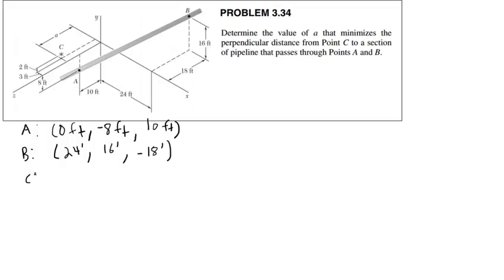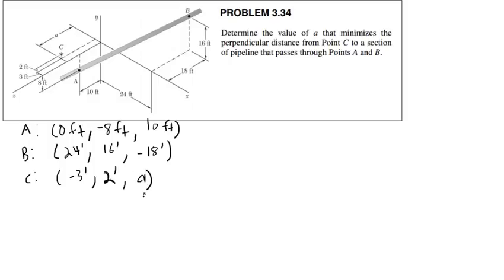C is going to have coordinates, let's see, the x coordinate is fixed at -3 feet. The y coordinate is fixed at 2 feet. But the z coordinate is flexible and is basically at a.